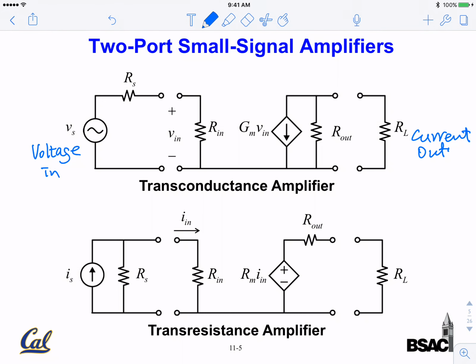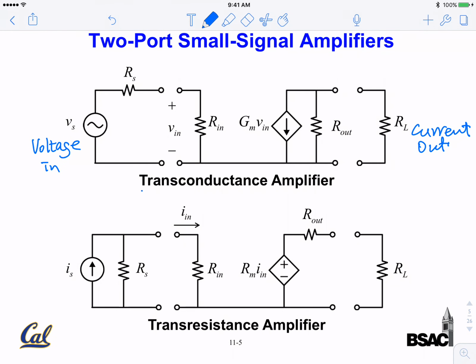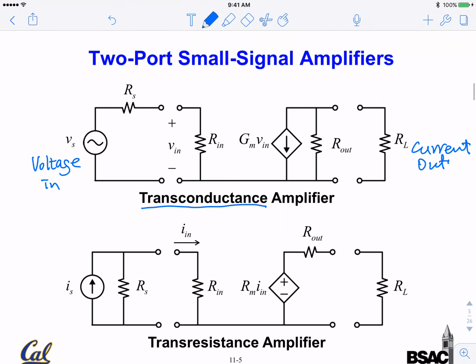So this is called a transconductance amplifier. We mentioned the first half of an op-amp is really a transconductance amplifier. So the input part looks very much like a voltage amplifier. The output part looks very much like the current amplifier.